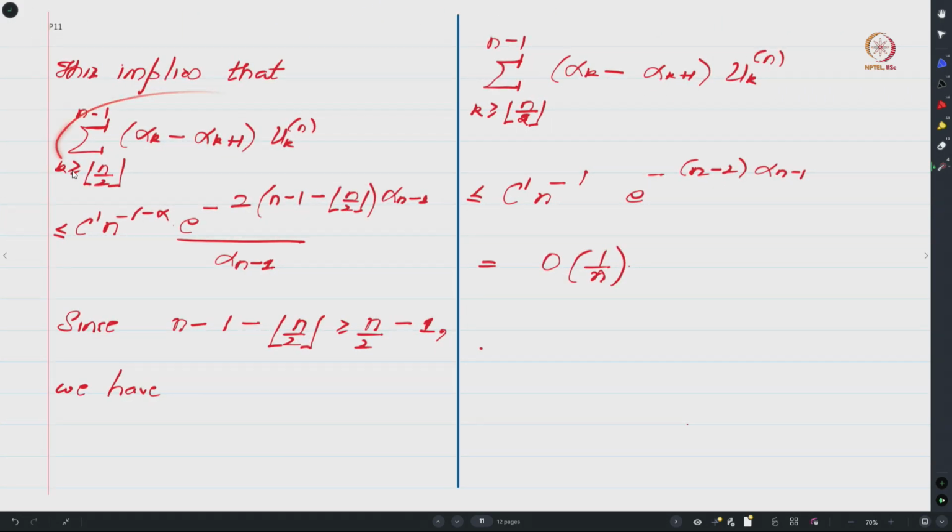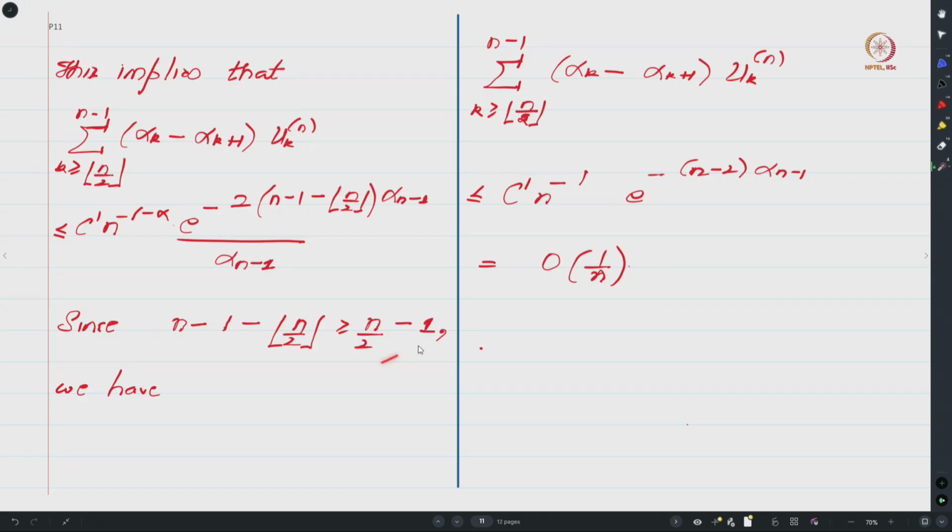Hence one can show that the sum of the last n over 2 terms is c prime times n raised to minus 1 minus alpha times e raised to the power of the n over 2th term, divided by alpha over n minus 1. This is the consequence of the algebra that we did here, and one can separately check that n minus 1 minus floor of n over 2 is n over 2 minus 1.